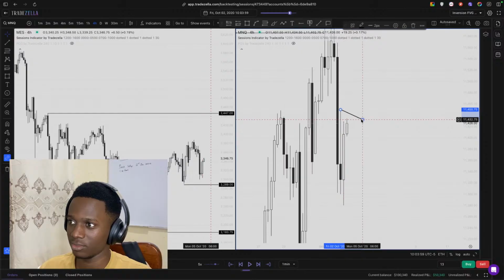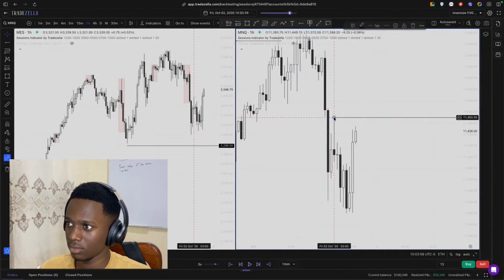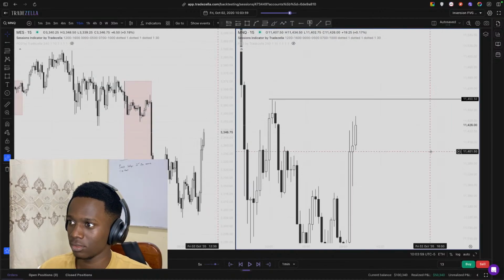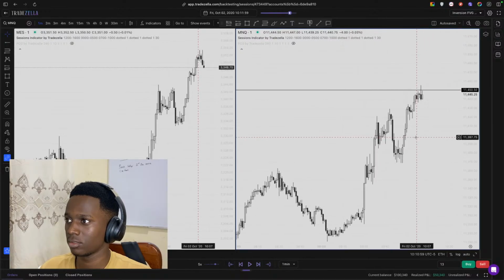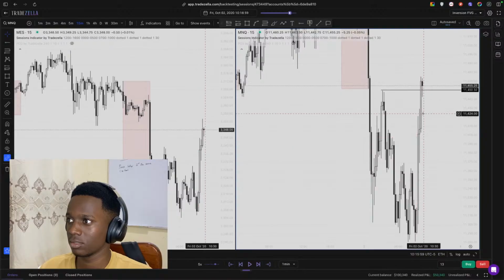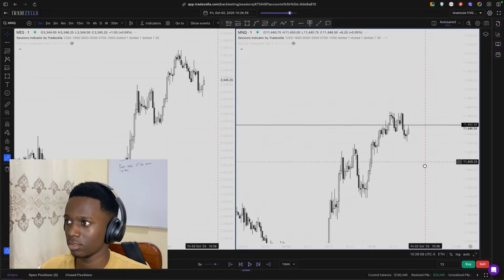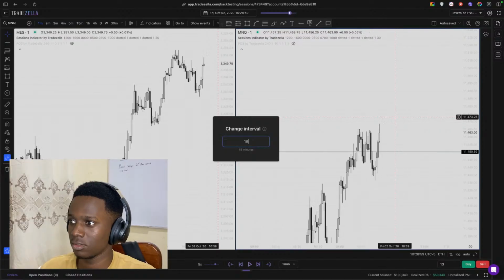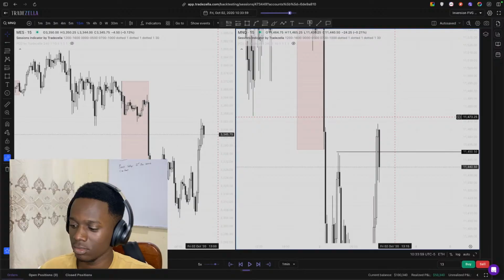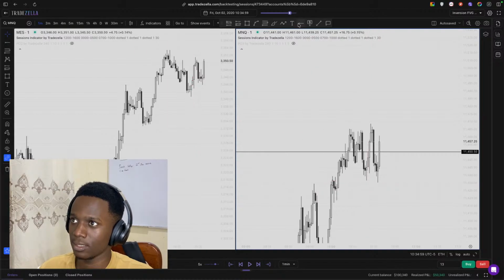So that's some bullish stuff here, which means that these highs here will be great. Okay, then we get another small run.